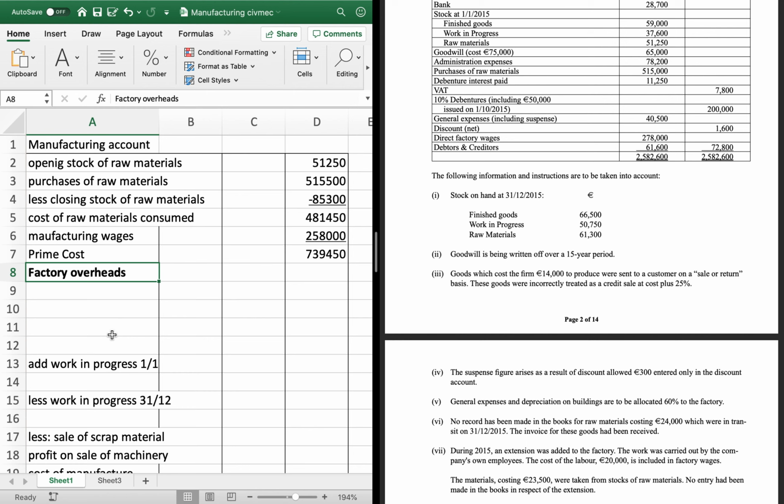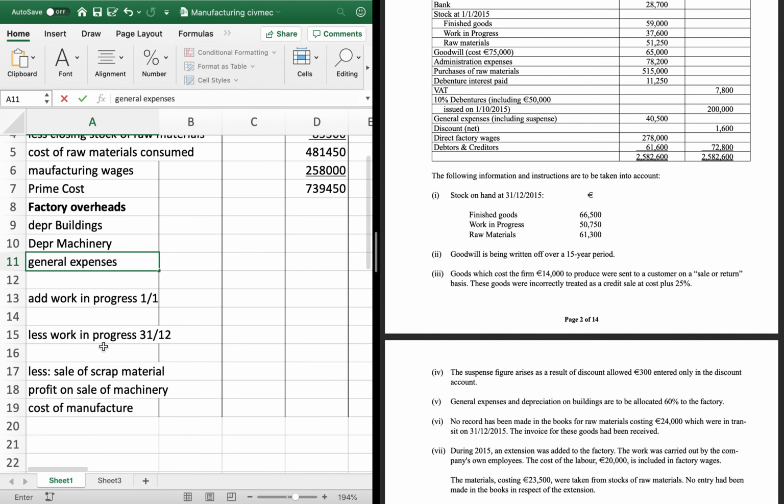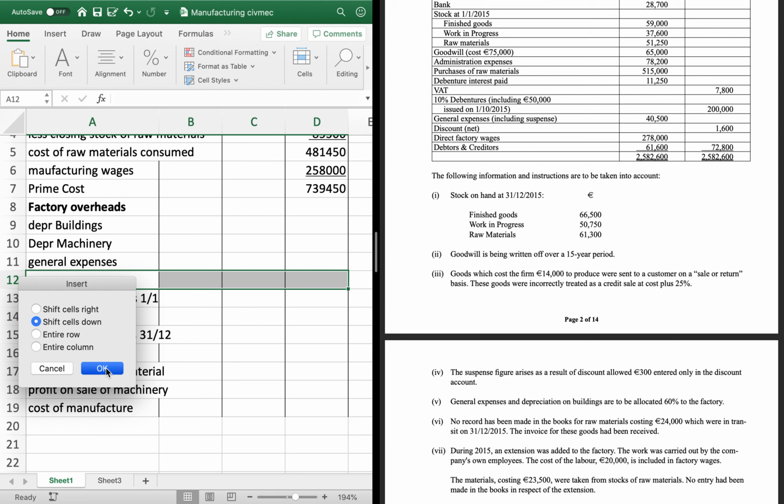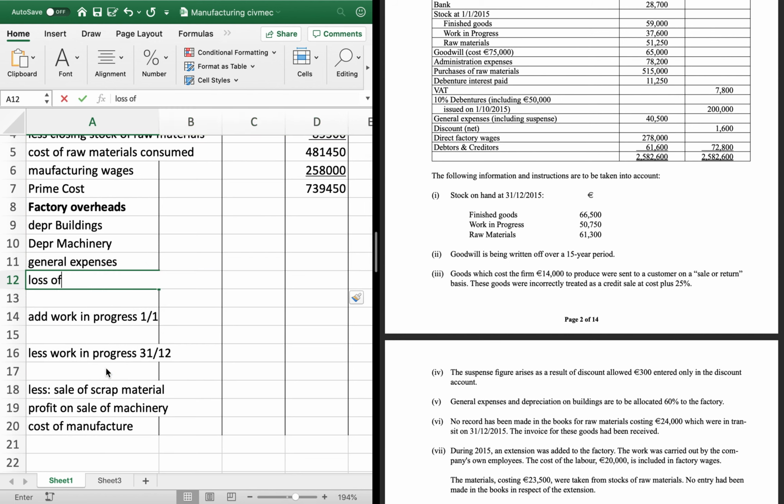You're looking for your factory overheads then. So the expenses we said were factory overheads. So we've got our depreciation of buildings. We've got our depreciation of machinery. And we have our general expenses. And we also have our loss on the sale of machinery.